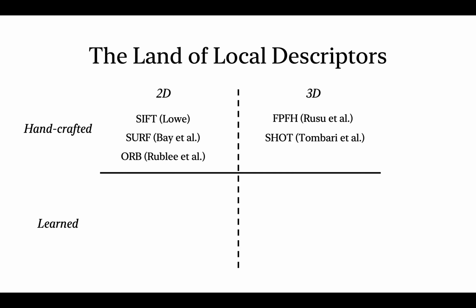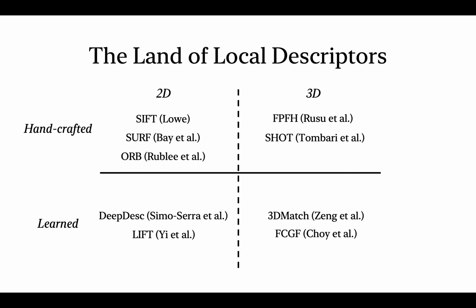Recently, deep learning has been applied for end-to-end learning of descriptors. The robustness of the learned descriptors over the handcrafted ones has been proven clearly in several experiments. Some notable works are DeepDesc or LIFT for 2D, and 3DMatch and FCGF for 3D.